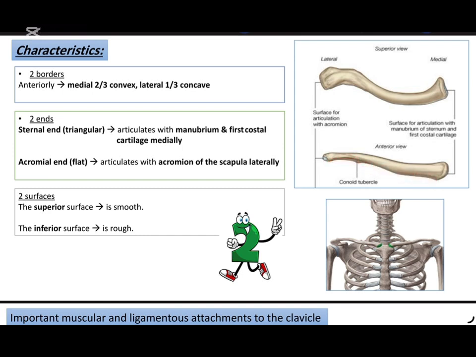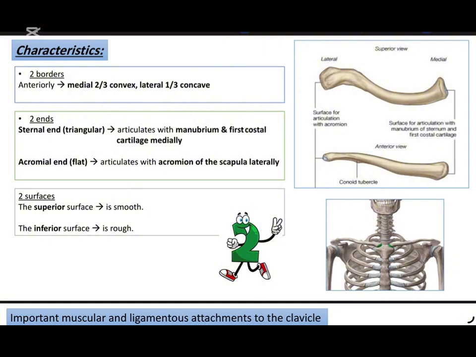Why do you think the inferior surface is rough? Yes, it is a site of attachment of different structures. When different structures attach to the bone, this area becomes rough. So this is regarding the surfaces. I have a superior smooth surface and an inferior rough surface.